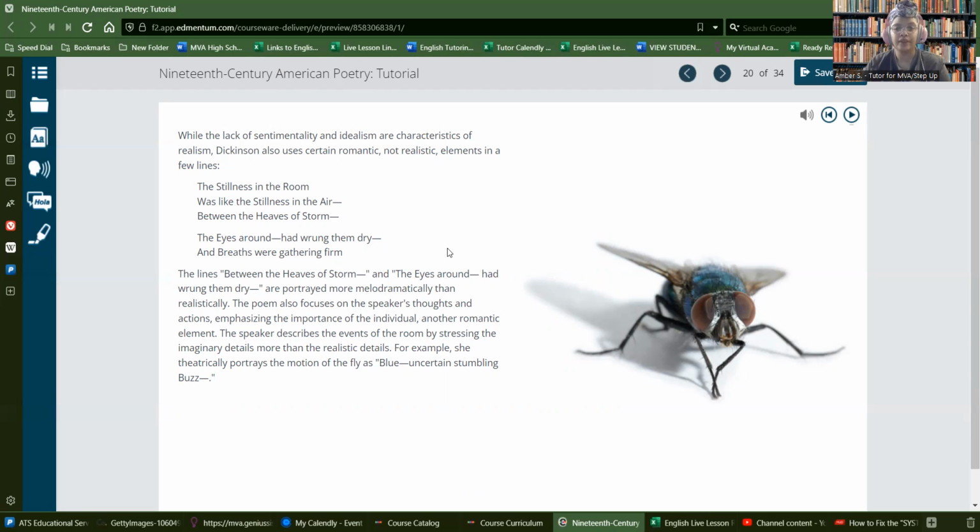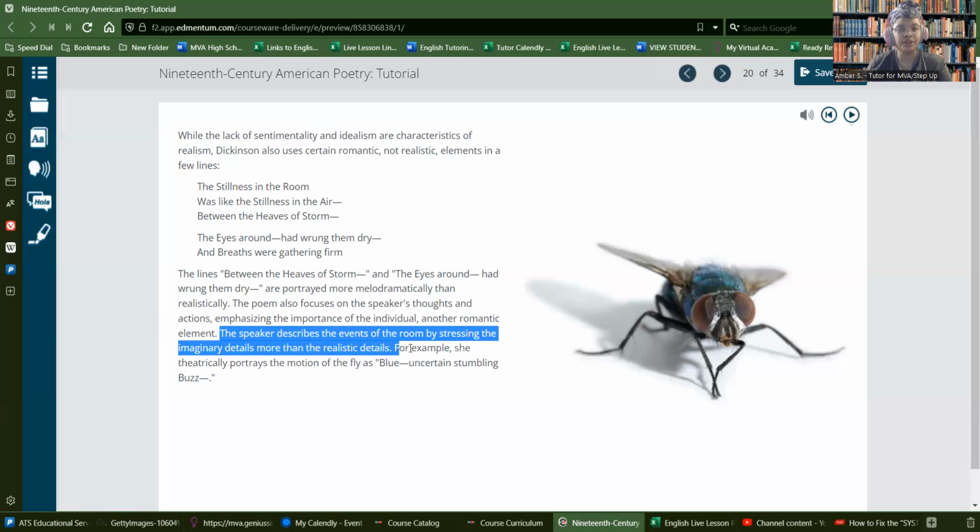Usually, if you're focusing on just one person and their inner thoughts about something, that's a very romantic way to write a poem. And then it says here, the speaker describes the events of the room by stressing the imaginary details more than the realistic ones. For example, she theatrically portrays the motion of the fly as "blue, uncertain stumbling buzz."